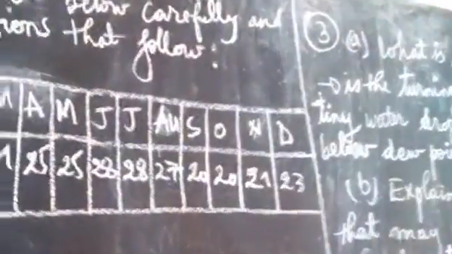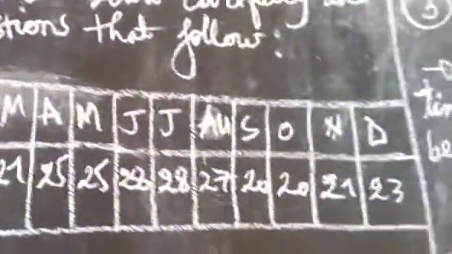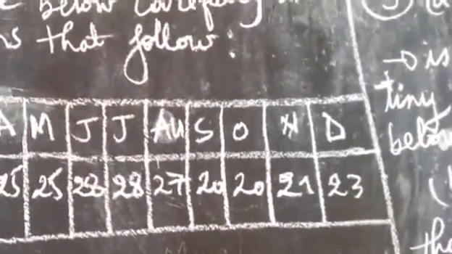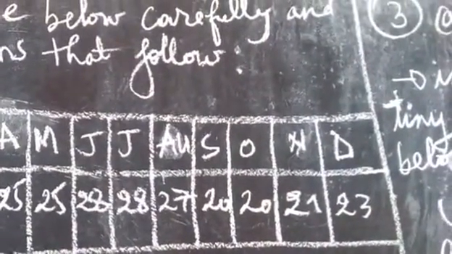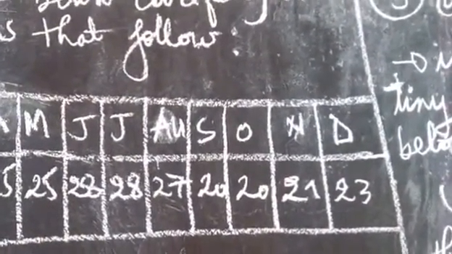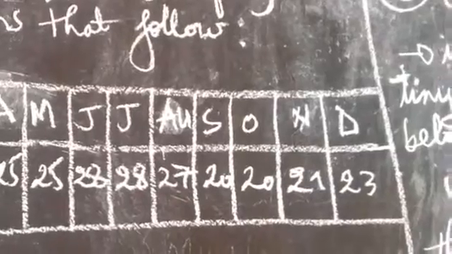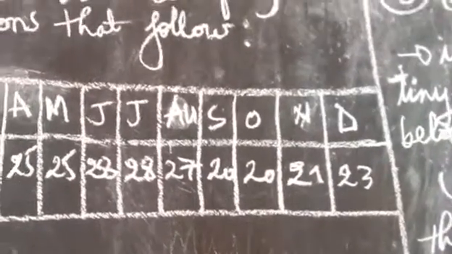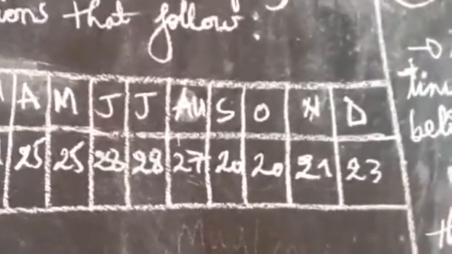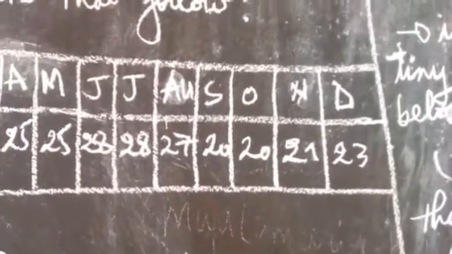Let's go to sub-question B. Observe the table below carefully and answer the questions that follow. We are going to observe this table carefully so that we can answer the questions asked.